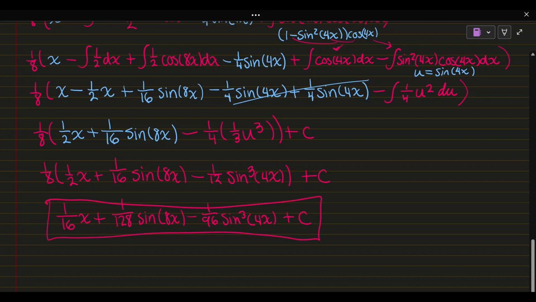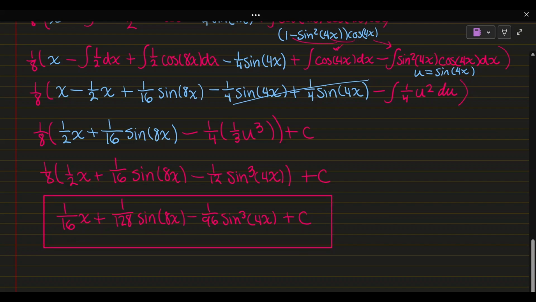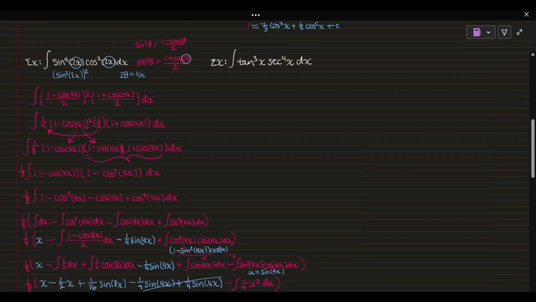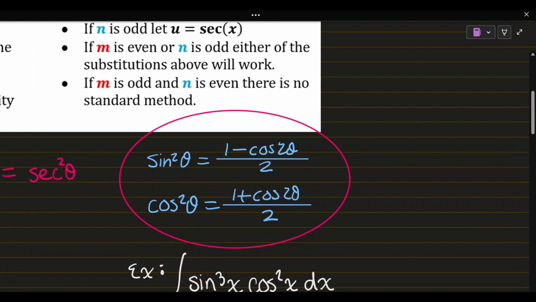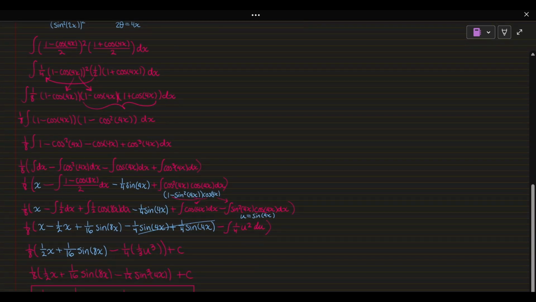And that is my final answer. Took a while to get there, but our process was just keep applying these trigonometric identities here, and kind of just doing the computation there.